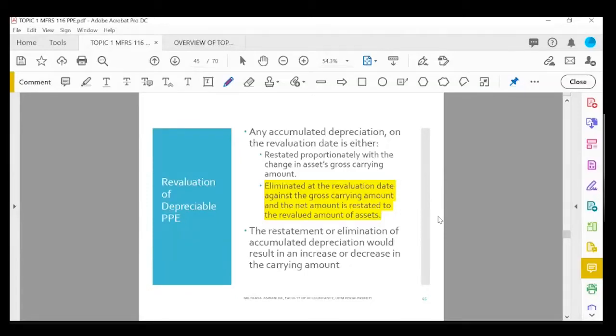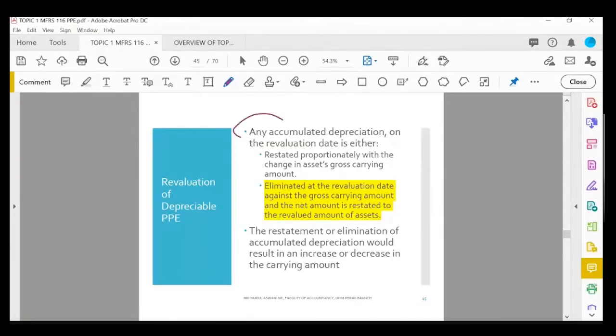Okay, for a depreciable asset, when we calculate the carrying amount, we deduct the depreciation every year, and then we deduct the accumulated depreciation when we calculate the carrying amount. So the only difference between a depreciable and non-depreciable asset is how to deal with the accumulated depreciation.